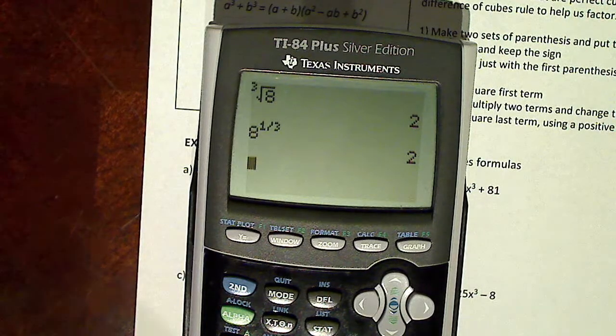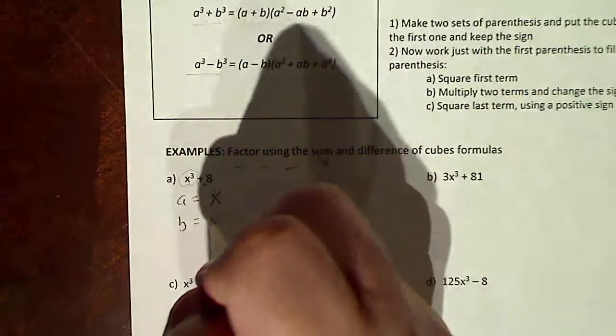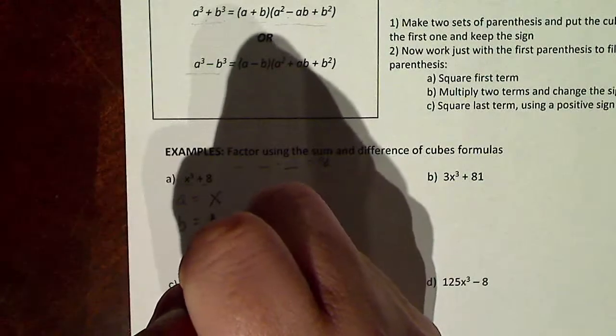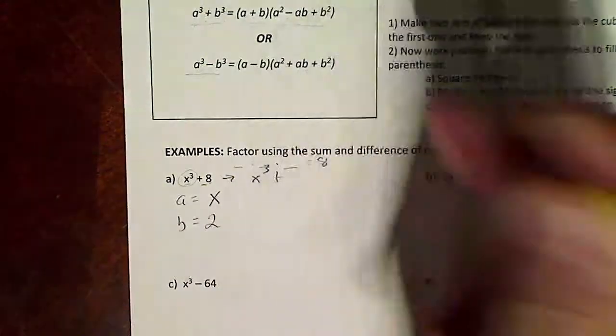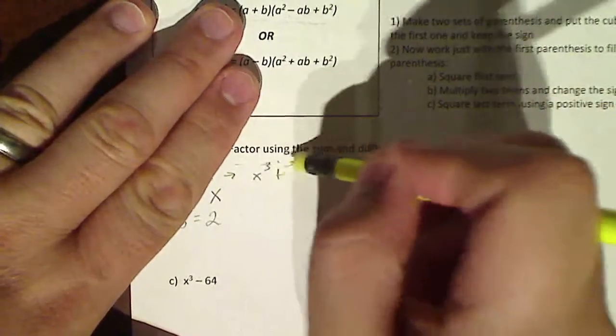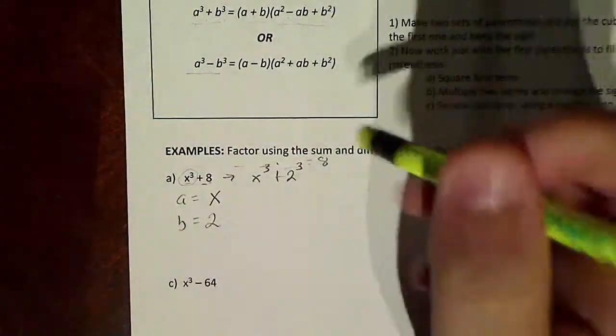Either way will work, whichever one you're familiar with. So that tells me this is going to be 2. Essentially, this is the same thing as x cubed plus 2 cubed.